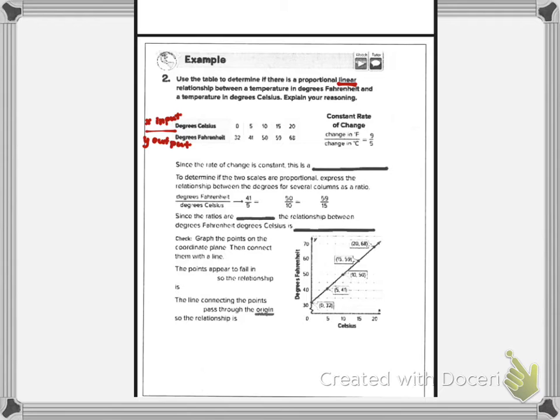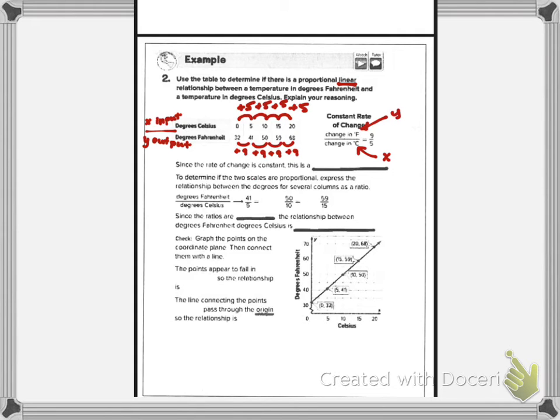But we're still looking for the rate of change. Now remember, the rate of change is change in Y over change in X. So we're looking at what change is occurring through each of the inputs, and that is going up 5 each time. And then we look for the change on the outputs, and that is going up 9, 41 to 50, up 9, 50 to 59, up 9, and 59 to 68, again up 9.